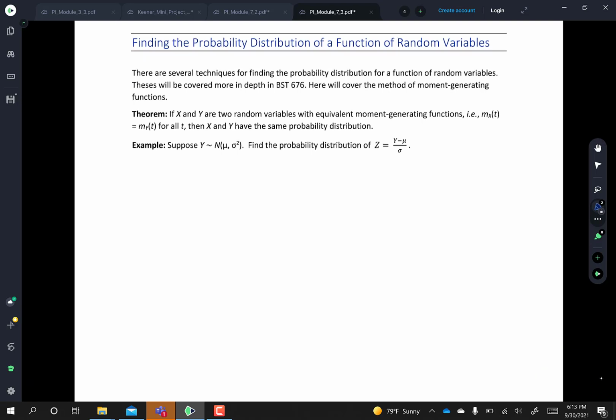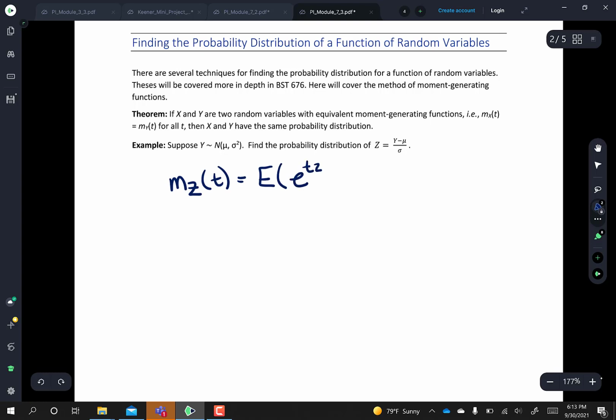What we want to find here is the moment generating function of that random variable z. By definition, that is equal to the expected value of e to the t z. But we know what z is equal to because we're using this transformation, so this is the same thing as the expected value of e to the t, and I'll substitute in here what z is equal to.